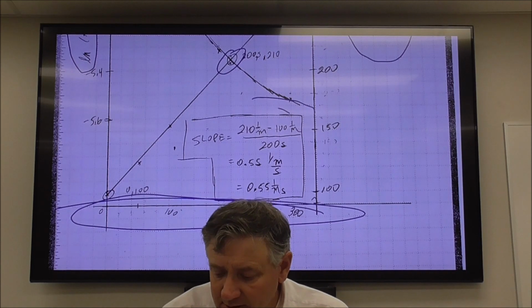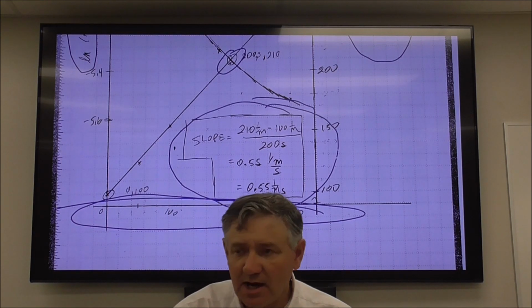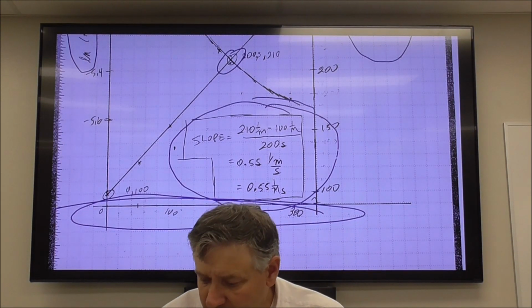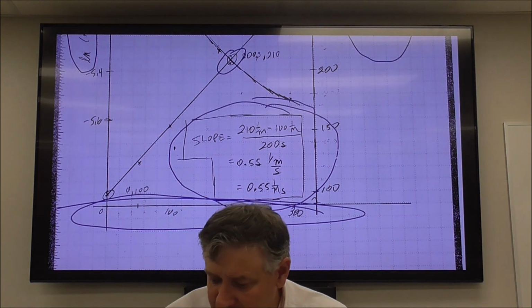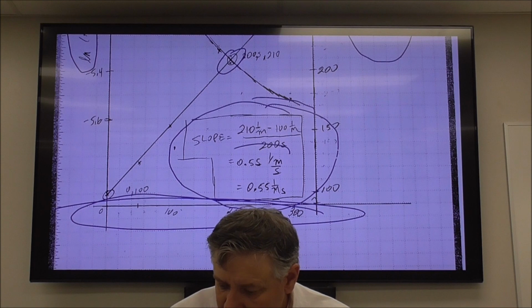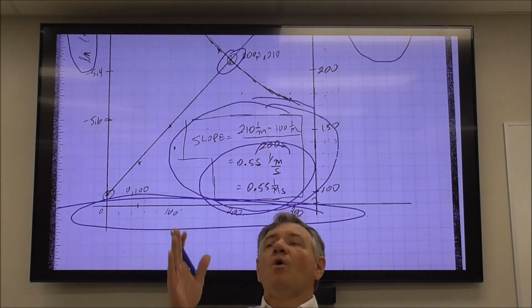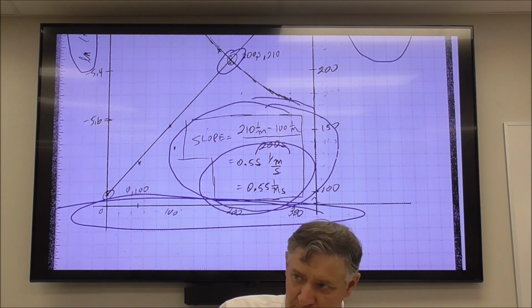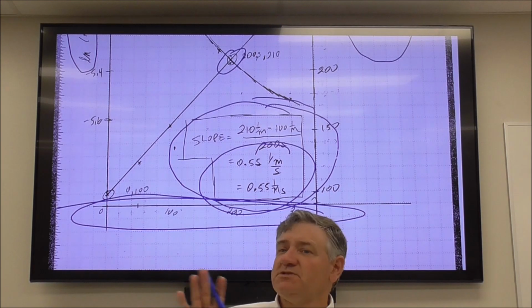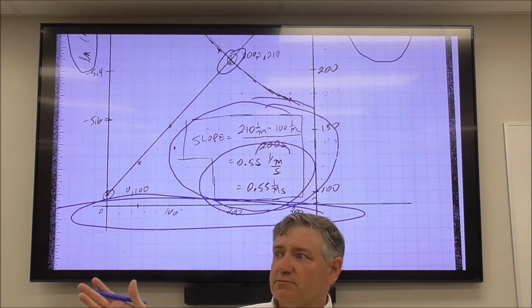So all I did here was I went through and I found the slope. Here were my data points that I picked. Okay, boom, boom, got my time, found this, here's my slope. Now, once I get the slope, and that's the hardest part, once you get the slope, everything else is gravy, okay?